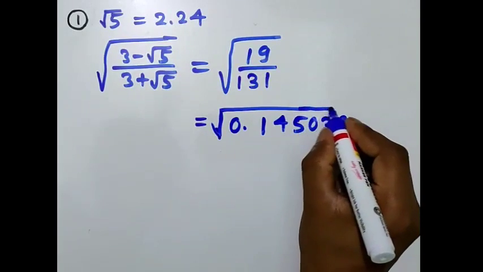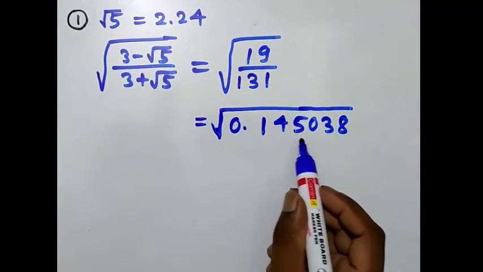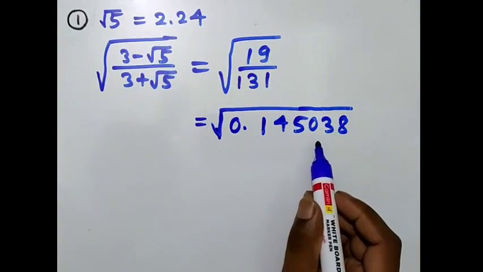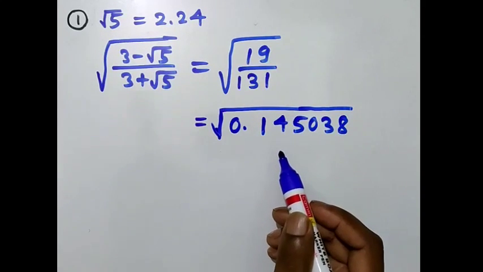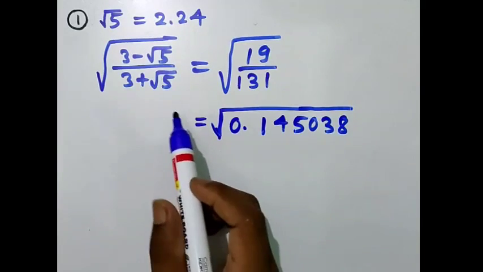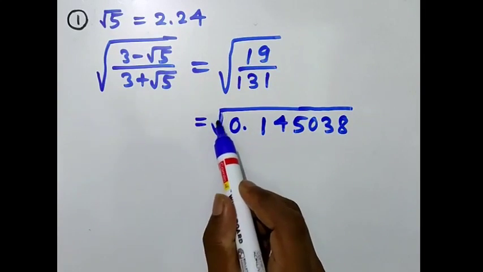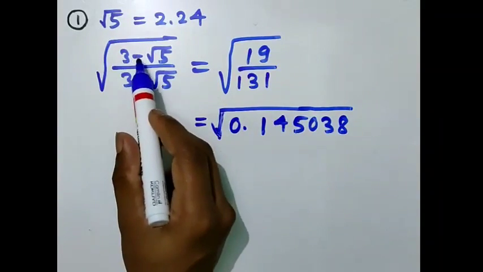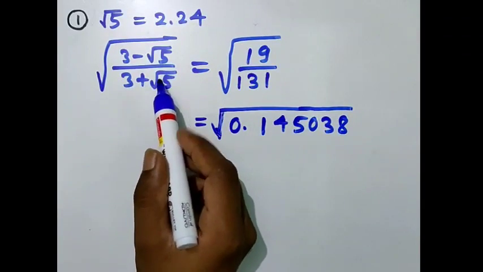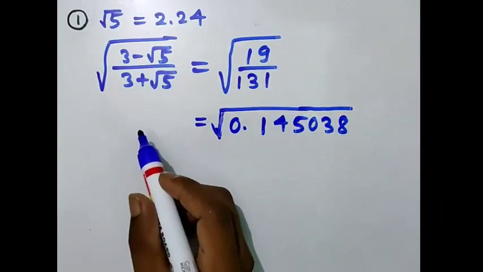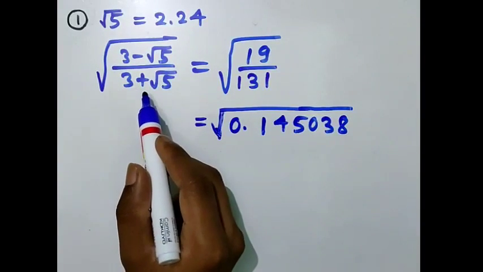0.145038. Now why did I find 6 decimal places? Because we have to find the square root of (3 minus root 5) by (3 plus root 5) correct to 2 places of decimal. In the question it was given, right?